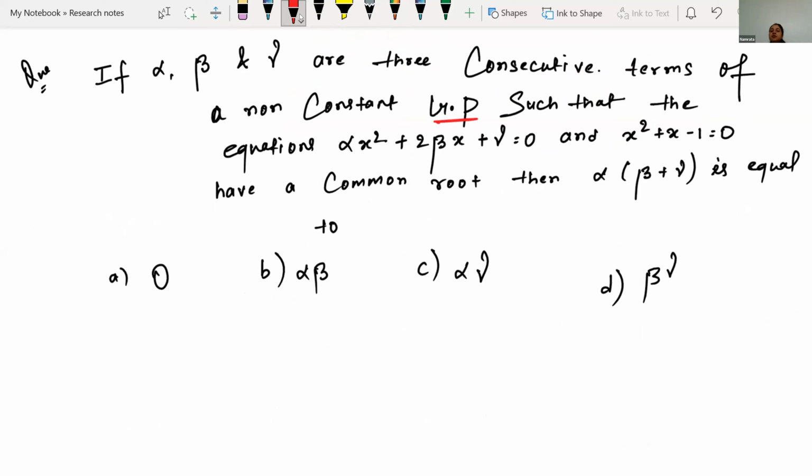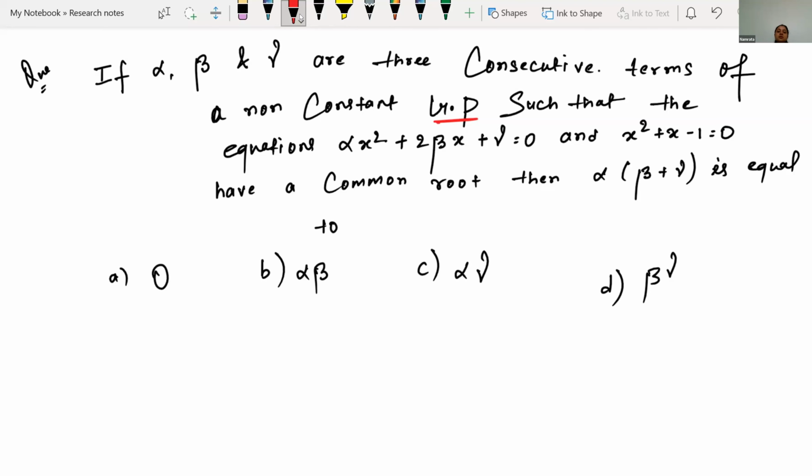Do you know what exactly is geometric progression? Yes, ma'am. R is equal to D2 by D1. If two of them are equal, then they are called GP. Yeah, just like the arithmetic progression, there is a geometric progression. In arithmetic progression, we had a common difference. Here we have a common ratio, right?